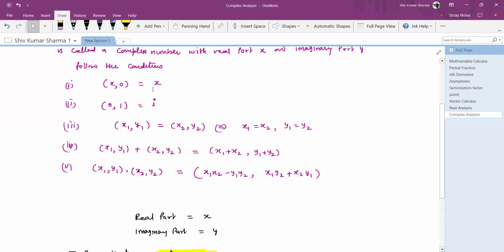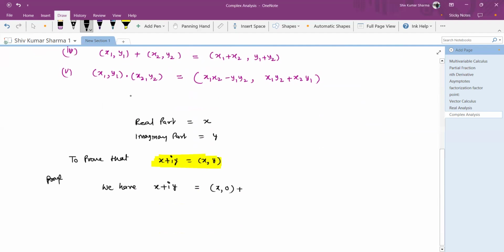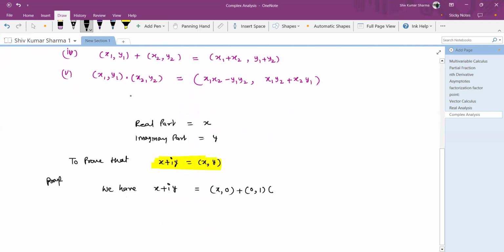By the first condition, x can be written as x comma 0, plus iota. Iota we write as 0 comma 1, into y, and y we write as y comma 0. Now we solve this: x comma 0 plus the product of two ordered pairs, for which we use the fifth condition.